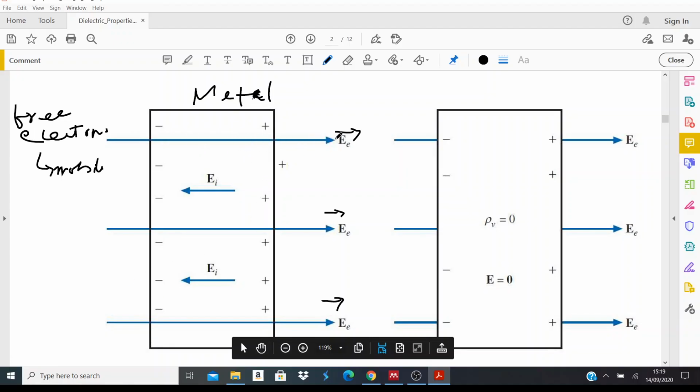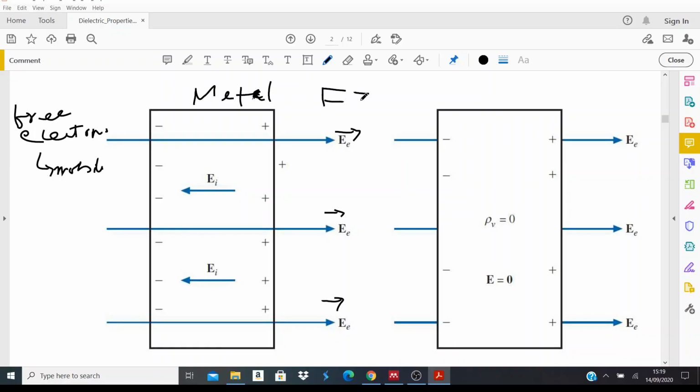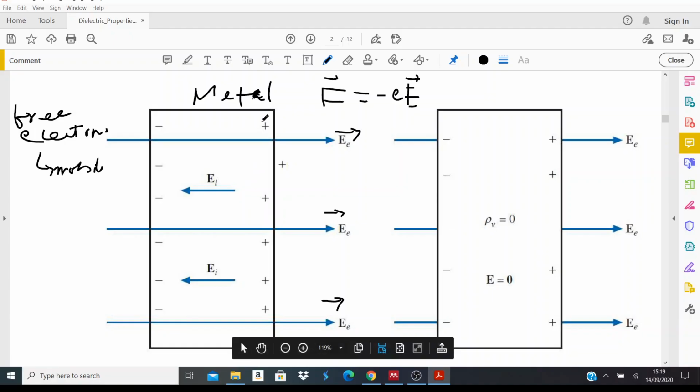The electric field is this side, and the force due to electric field is this equation. So the electric field and the force are in opposite direction because the charges are negative, right? So they will kind of line up here, and then they will induce the positive charge in this surface, right?